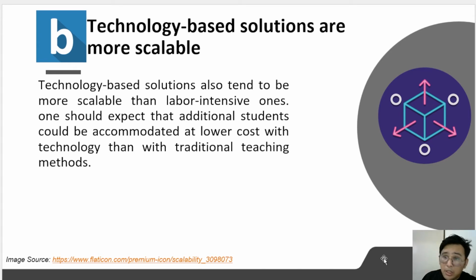Maybe in the United States or in England a price of $10 is cheap for them, but in small countries like us in Southeast Asia, $10 is a huge cost because of the currency exchange.